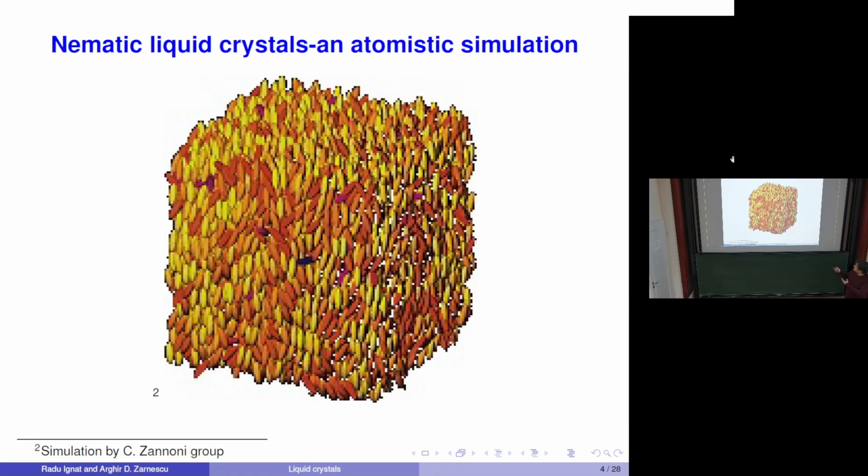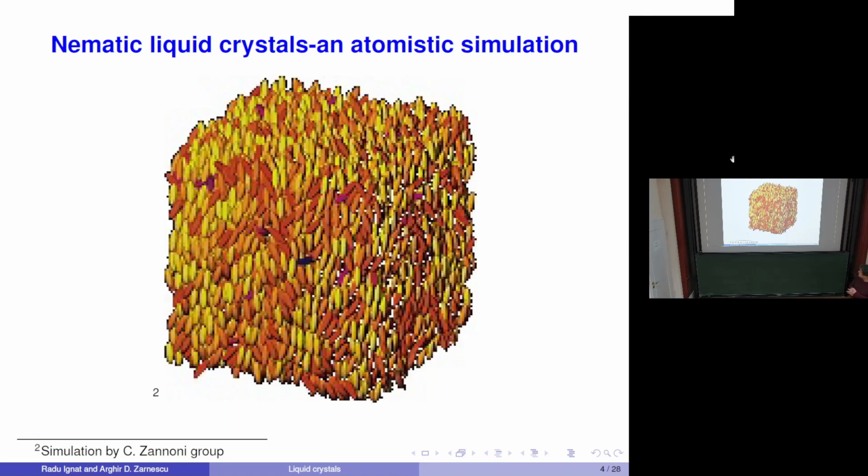And the point of looking at something like this is that you'd like to understand what happens in those regions where you have defects, those sharp transitions in color. Yeah. And you cannot really do it with current experimental techniques without seriously disturbing what's happening in there.